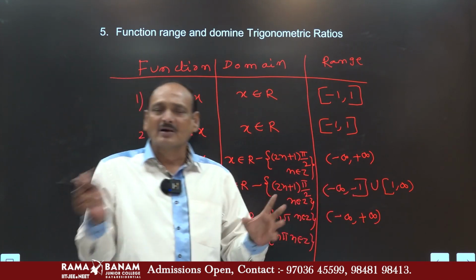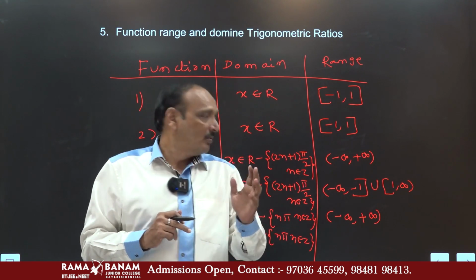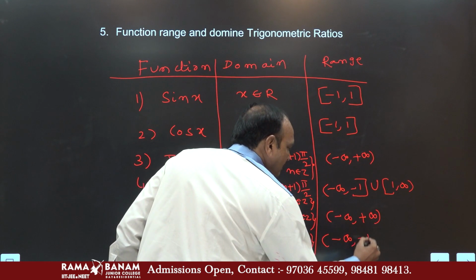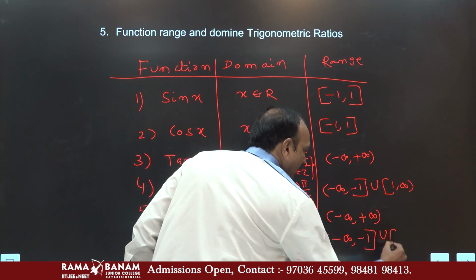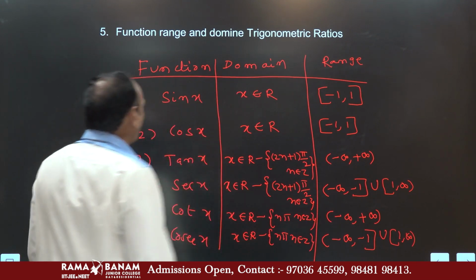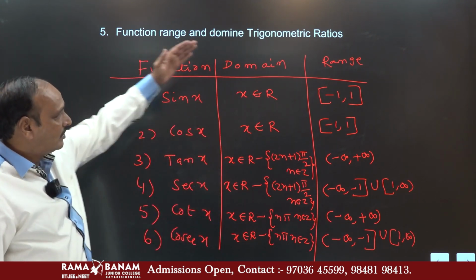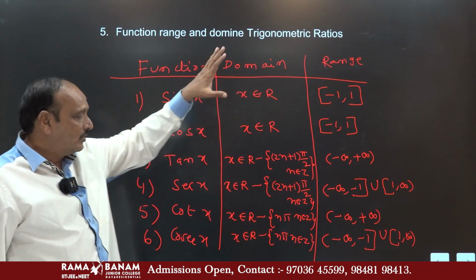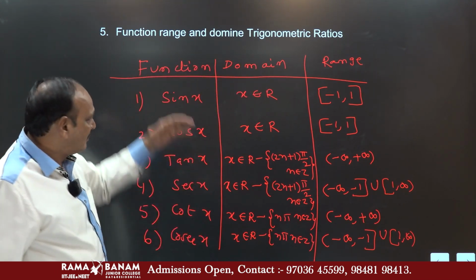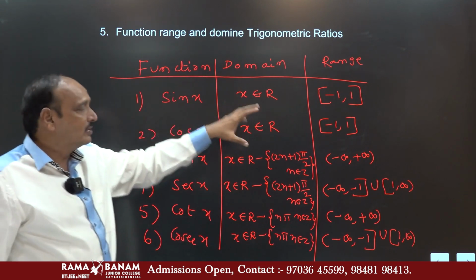The value does not lie in between minus 1 and 1. So I can write this as minus infinity to minus 1 union 1 to infinity. This is the concept of the 6 trigonometric ratios: function, domain and range. You should learn all these things without any mugging, with a tricky approach, you can do it all.